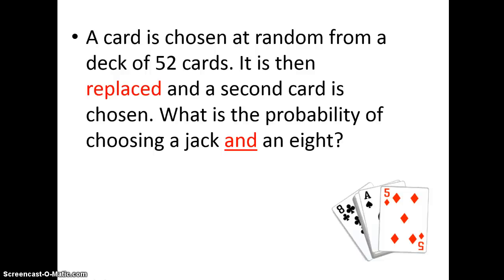And just yesterday we were talking about how the cards work within a deck of cards. But there are 4 suits, therefore there are 4 jacks. So the probability of the first is 4 out of 52 because there are 4 jacks.